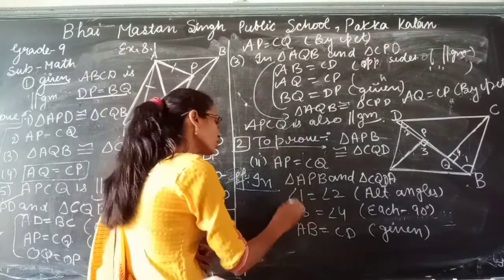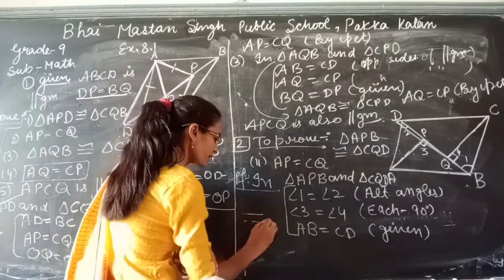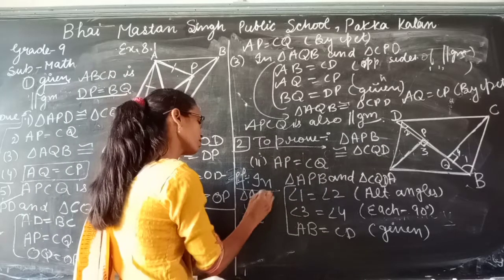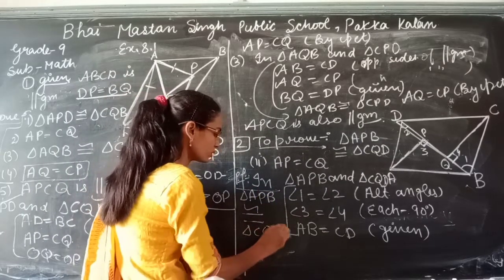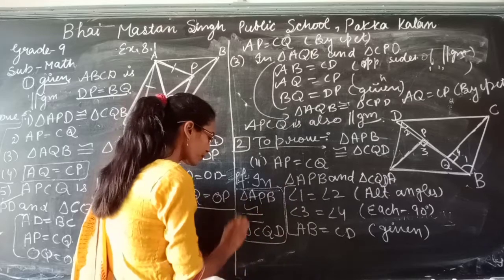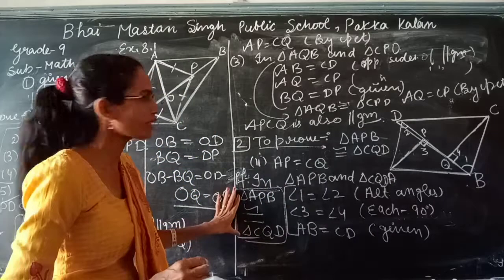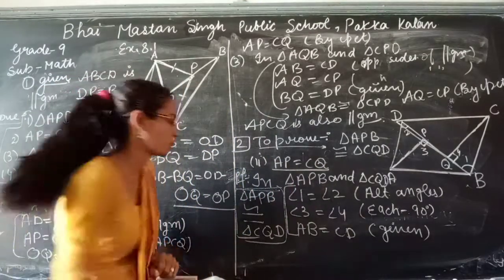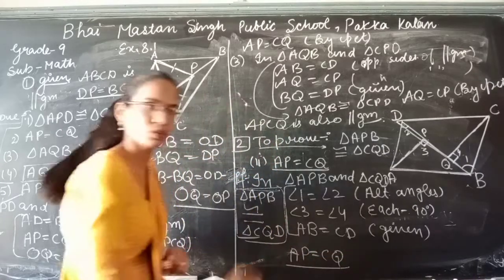And now, because of these three proofs, triangle APB is congruent to triangle CQD. Is it okay? Clear? If they are congruent, then AP is equal to CQ. Why?